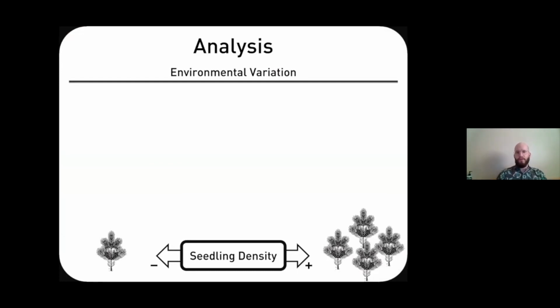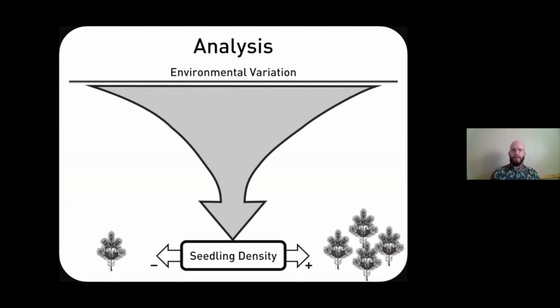And so to understand forest regeneration, we looked at seedling density in these plots, and we tried to figure out all the environmental variation that we think would affect seedling mortality and thereby seedling density.